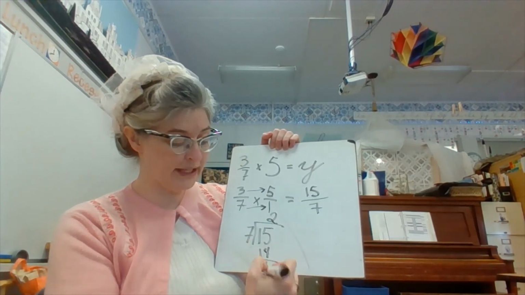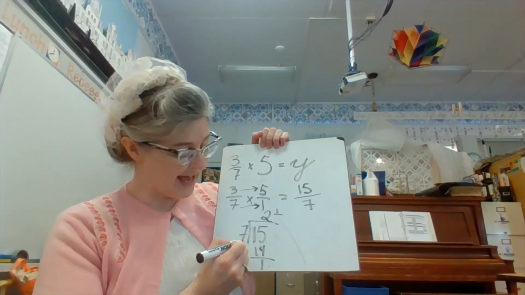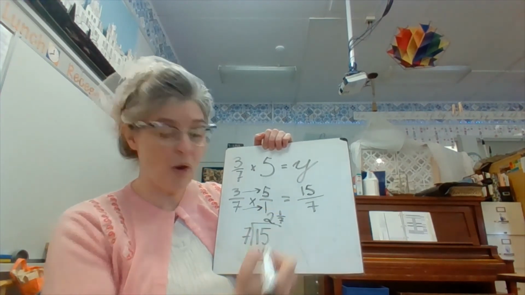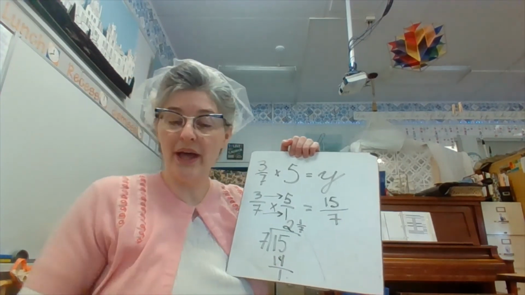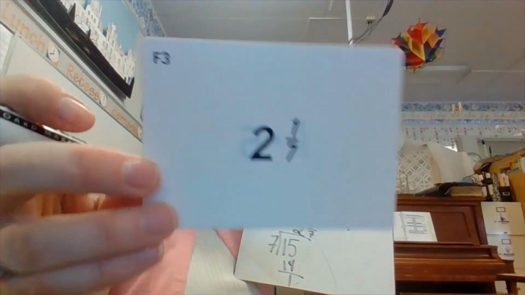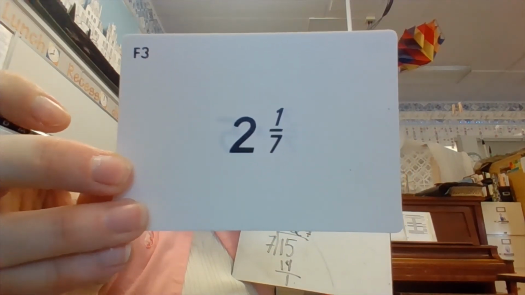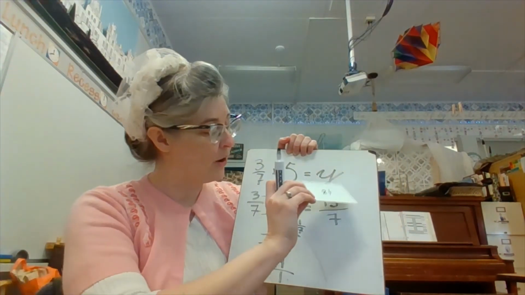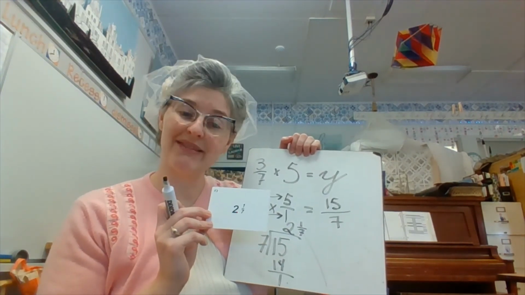I had that one little piece left over, so I had one piece. I needed 7 to make a whole. I ended up with 2 and 1/7. So when I look at my final reduced beautiful mixed number answer, Y equals 2 and 1/7.